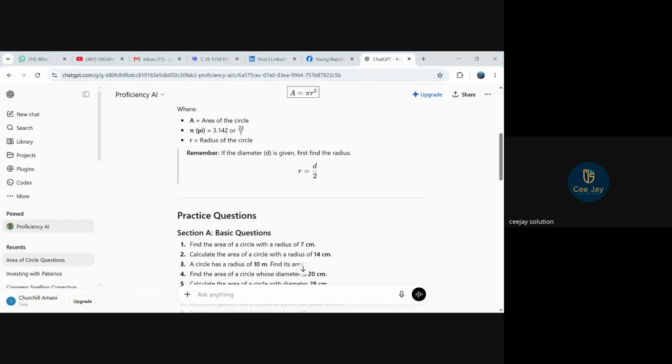You may decide to make it 3.14. But to me, I've just decided to use 3.142 times 10 times 10. I get my answer to be 314.2 meters squared.